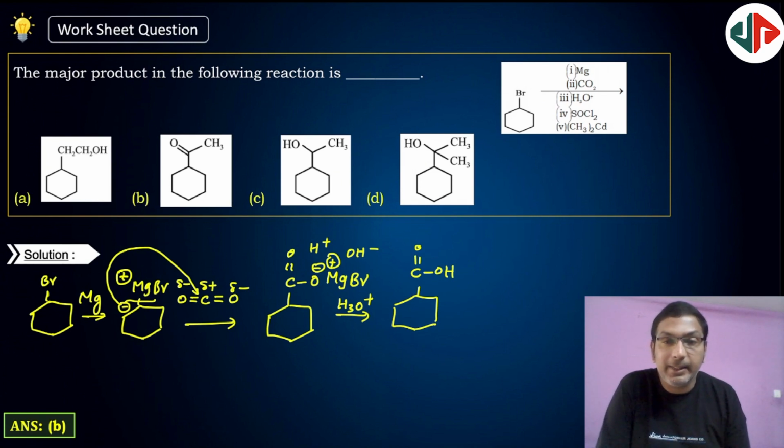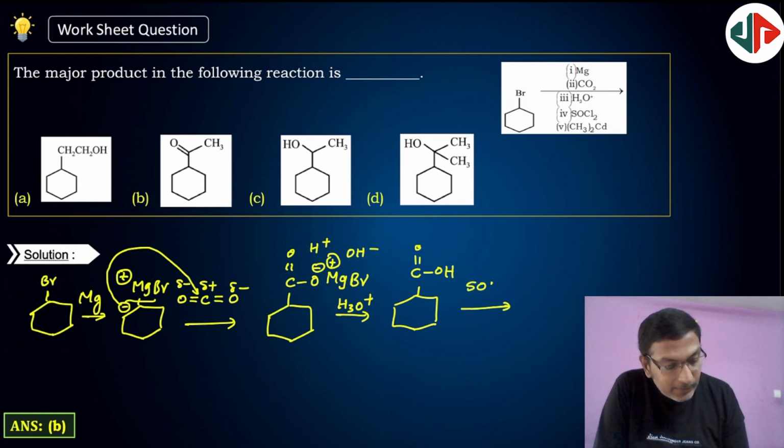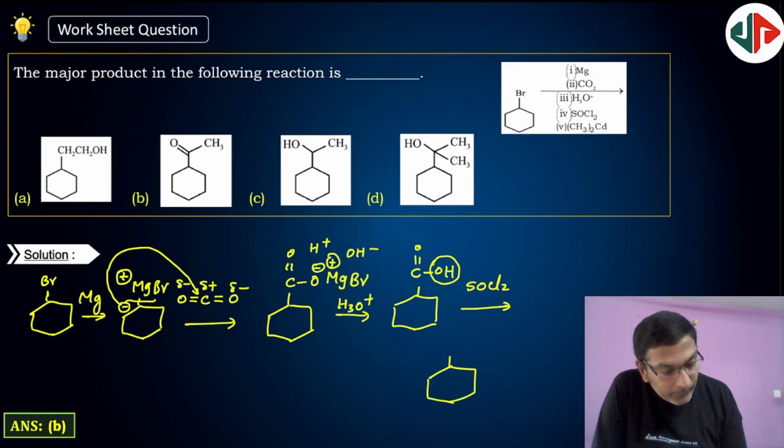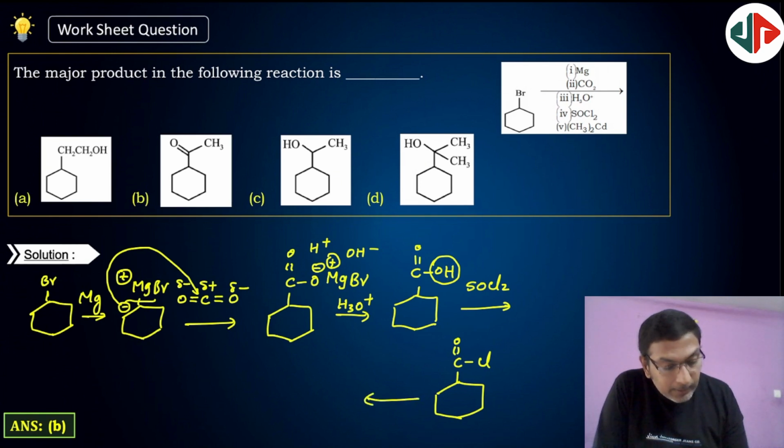This is cyclohexane carboxylic acid. Next, this will react with SOCl2, thionyl chloride. Here OH will be displaced with Cl. That means it gives COCl, which is an acid chloride. After that, (CH3)2Cd, dimethyl cadmium. Similar to Grignard's reagent, this can liberate CH3 minus.